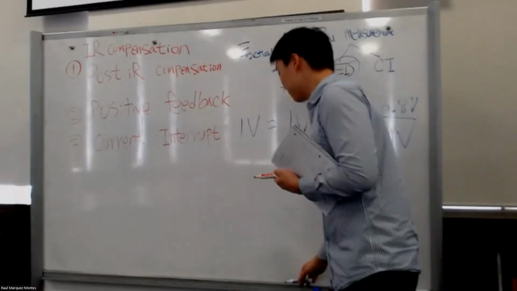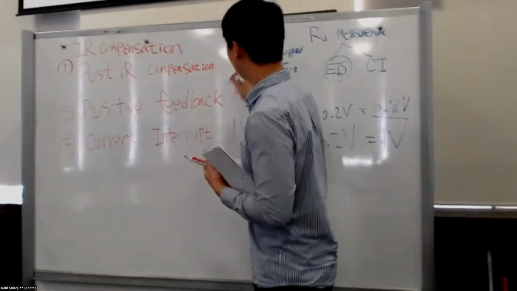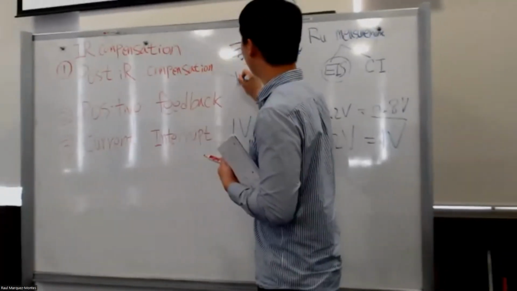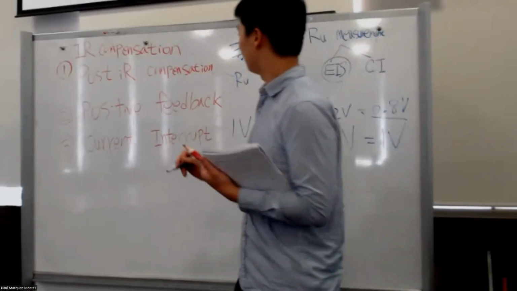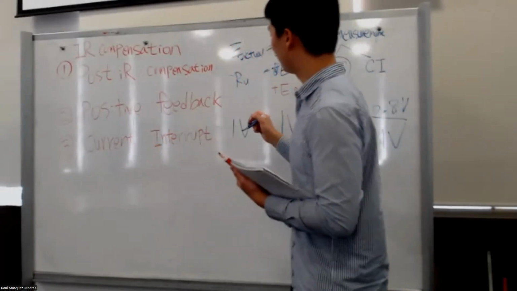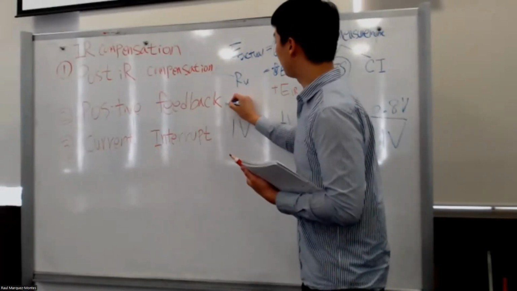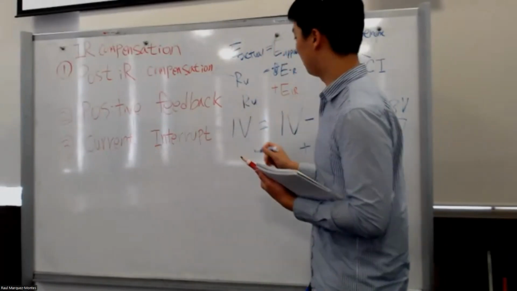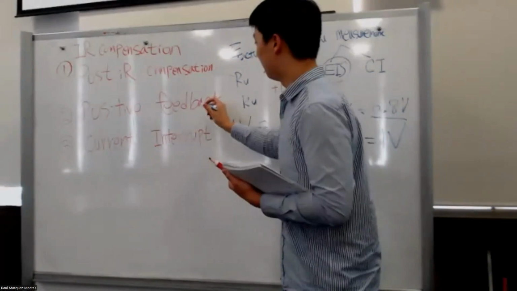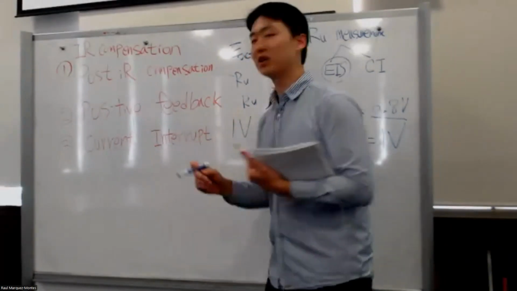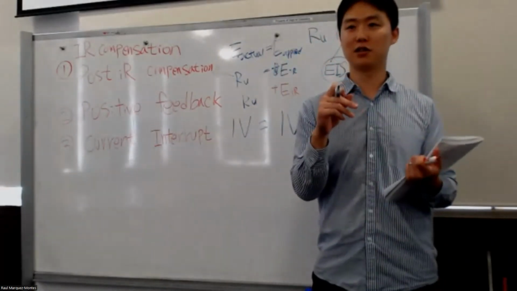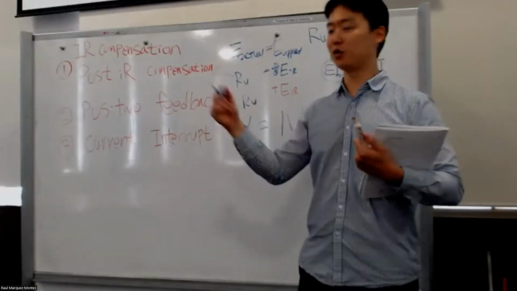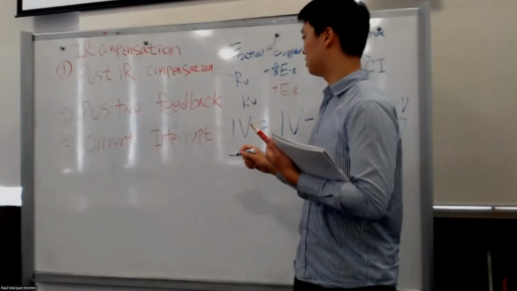And for this post-IR compensation, we need to know the RU value, right? Moving on to positive feedback, we also need the RU value. Let me briefly explain. Once we put in the RU value, it does the IR compensation in situ during the electrochemical analysis.